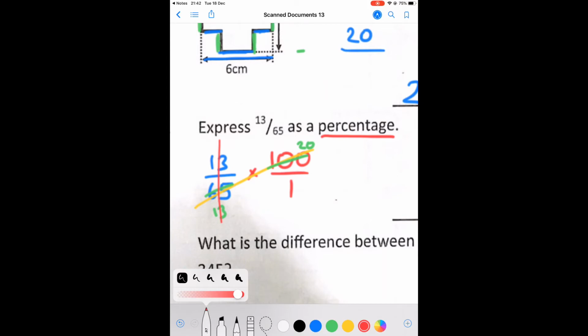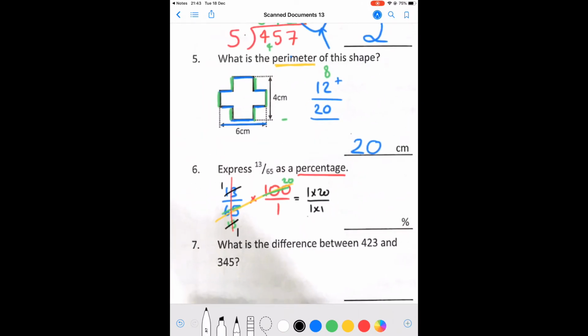Now I've got 13 divided by 13 is 1, and 13 divided by 13 is 1. So we're left with 1 times 20 over 1 times 1. Our final answer here is 20%.